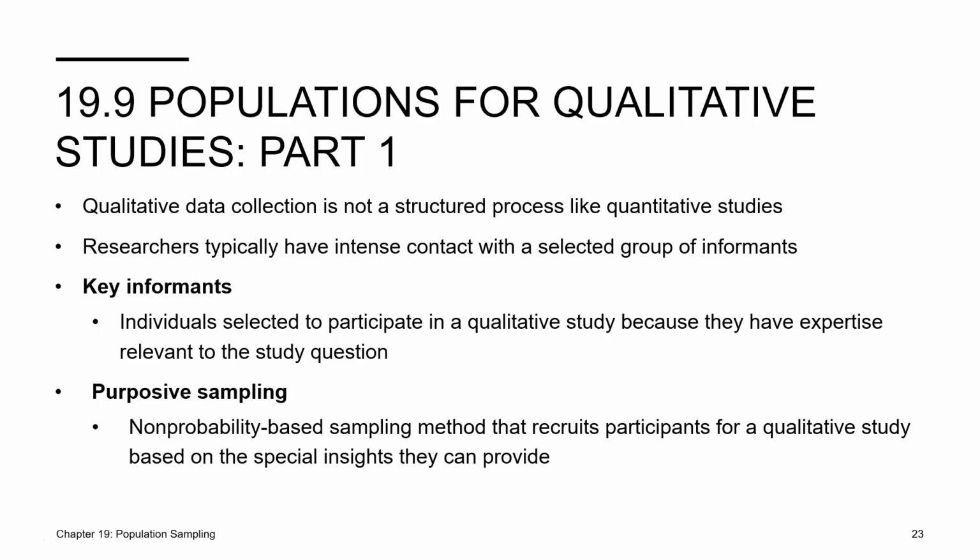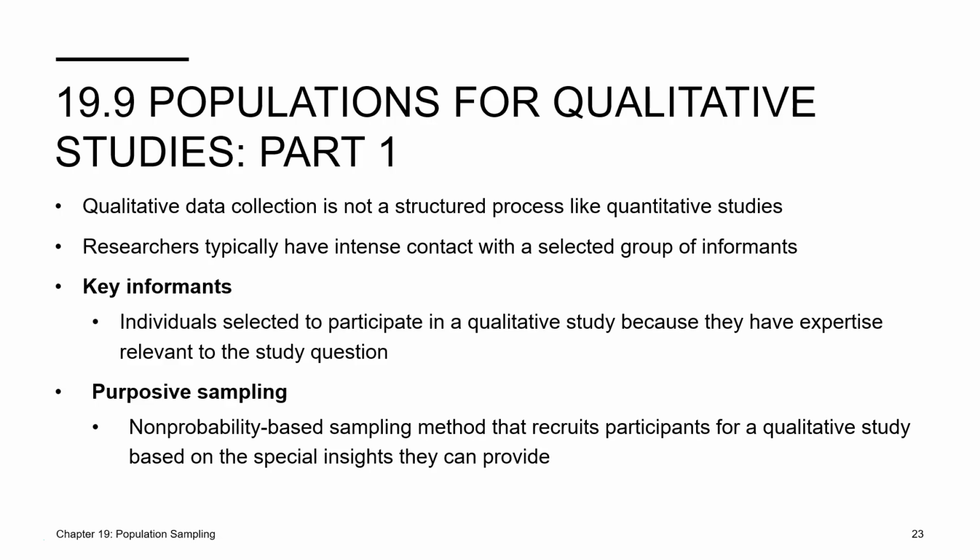Now, the study designs that I just covered were all quantitative designs. However, section 19.9 covers populations for qualitative studies. Qualitative data collection is not the same type of process. It's not as structured as quantitative studies. Researchers typically have some sort of intense contact with a selected group of informants that help decide on the sampling.